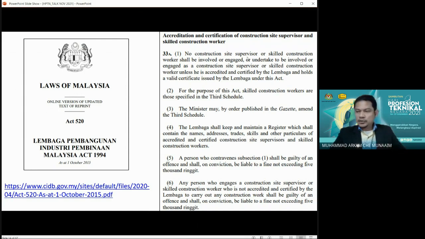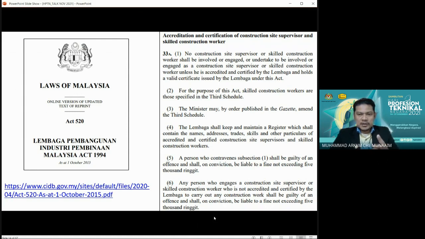So we can do other jobs but not supervising, as mentioned in the Act. But we need to also register through the other door. For example, we need to register as a green card holder. That is also part of the registration process that involves other site personnel. But for site supervisor, it is more focused and more specific to the people who actually manage or supervise the project according to the definition from the Act.